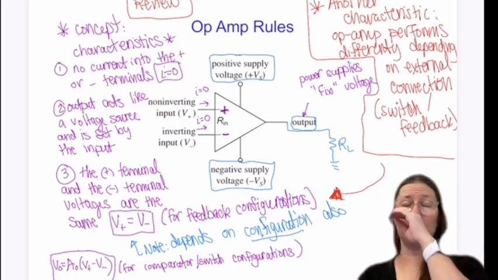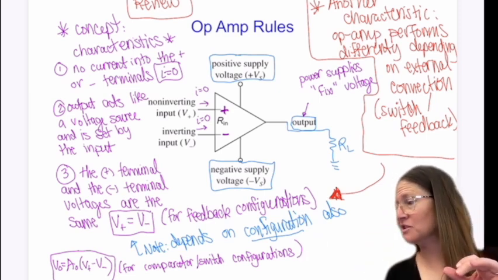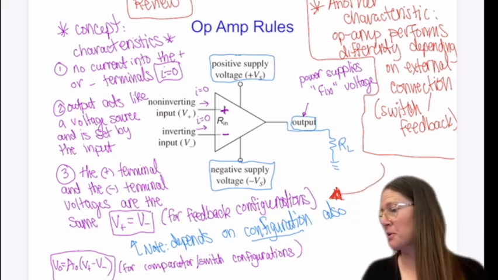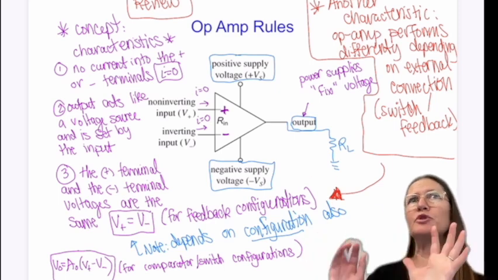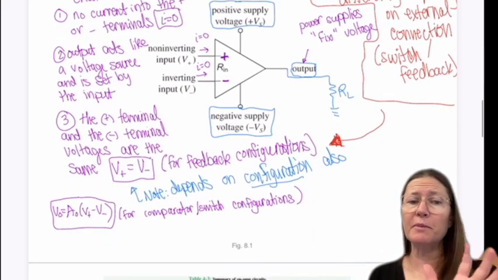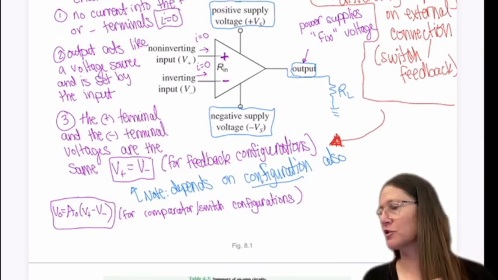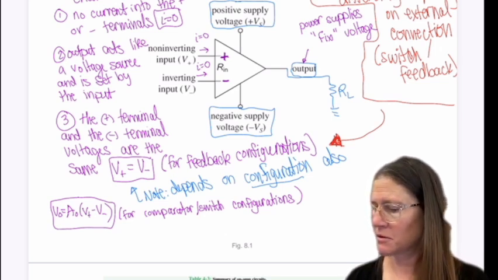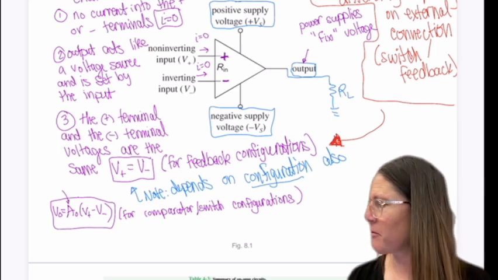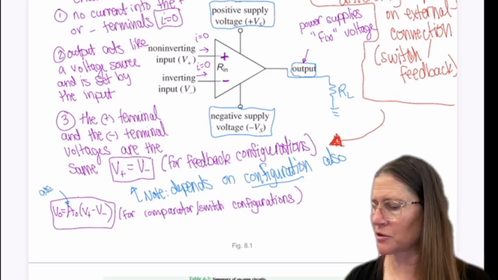So it does actually operate differently depending on those external connections. If you have no feedback, it's going to take the internal gain, which is really large, so you always assume it is large.